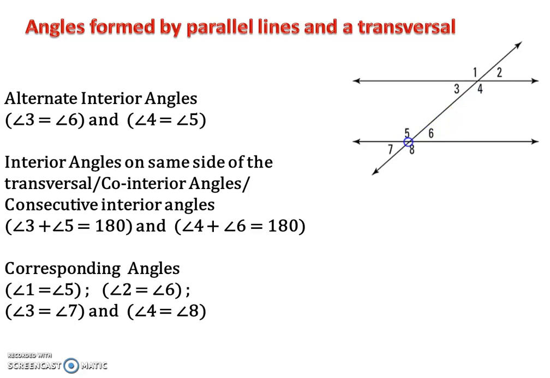And corresponding angles, that is angle 1 and angle 5 will be equal and angle 2 and angle 6 will be equal. Angle 3 and angle 7 will be equal, angle 4 and angle 8 will be equal. So this is in case of parallel lines only.